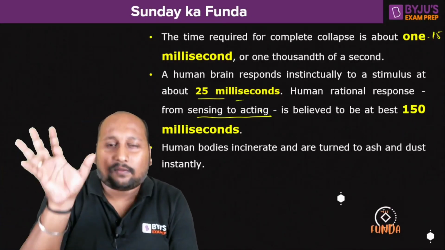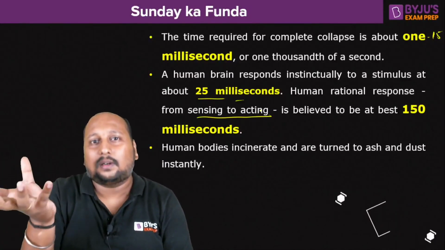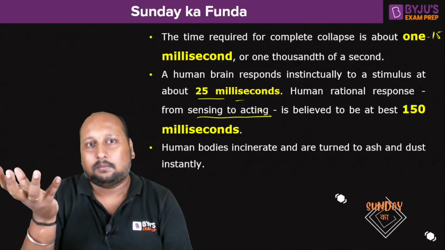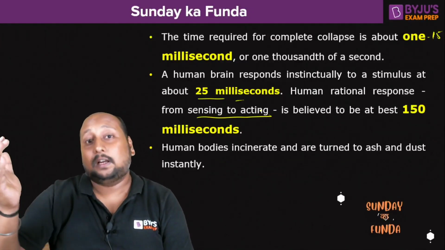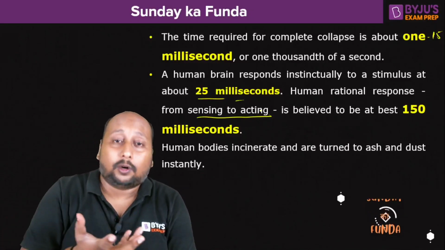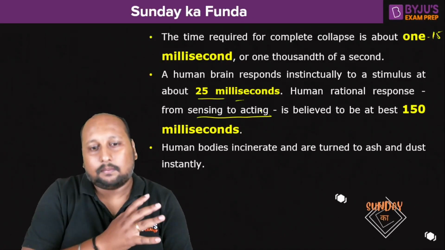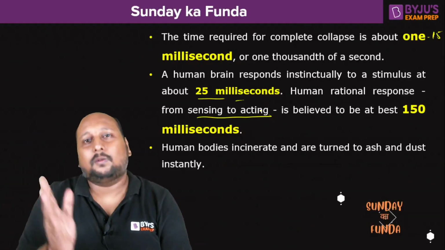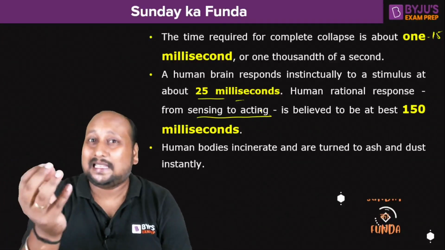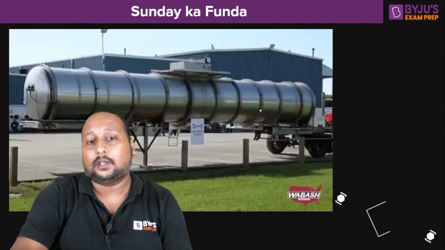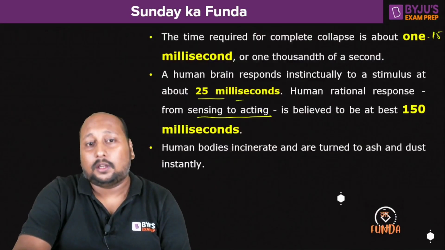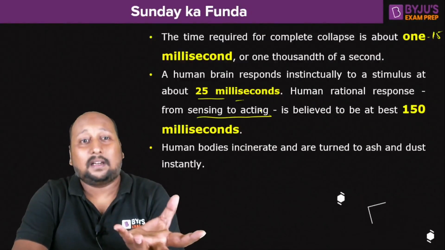The 5 members who boarded that submersible were not able to understand what went wrong, and within a fraction of a millisecond, the human bodies were turned into ashes and dust instantly, right? So this was all about the basic fundamentals of implosion.